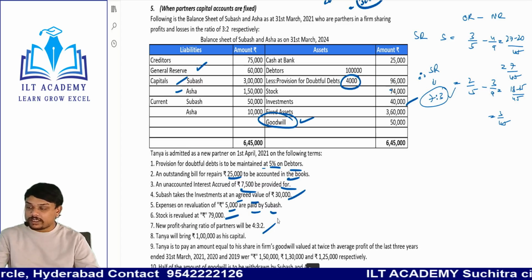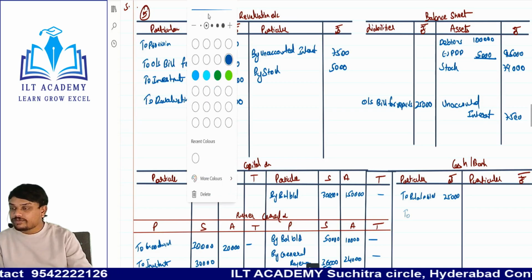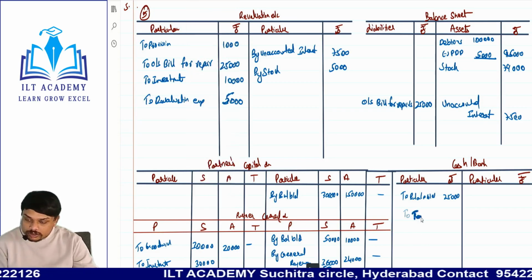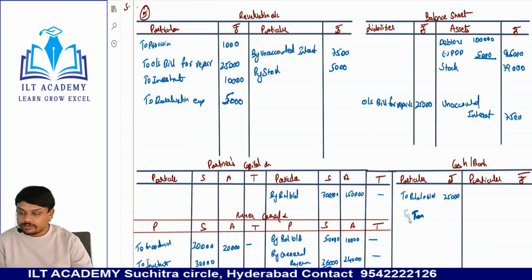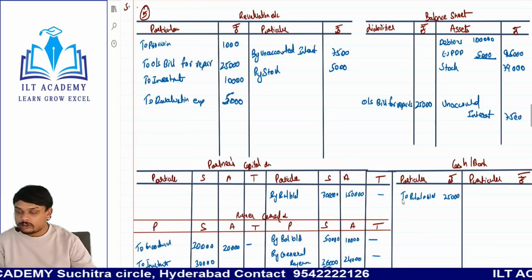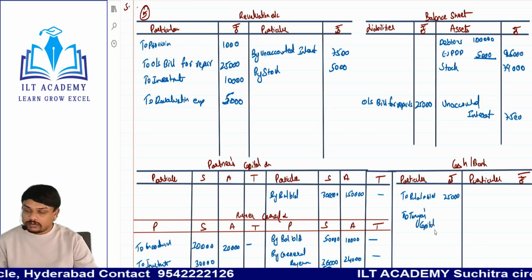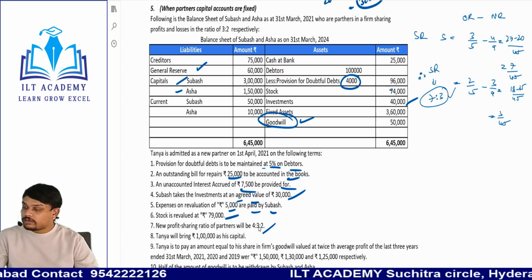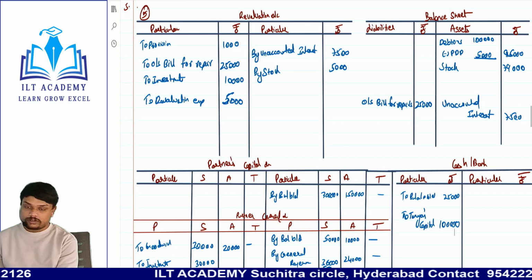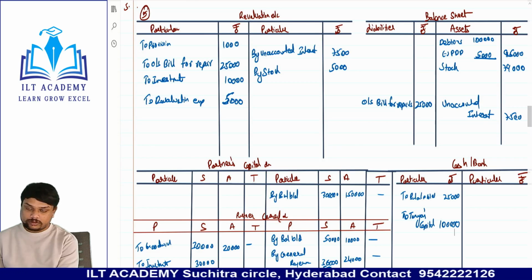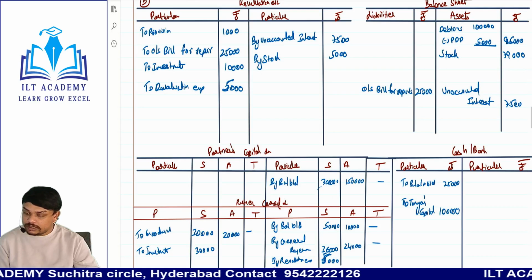Tanya will bring 1 lakh as her capital. Tanya's capital, 1 lakh, by cash.